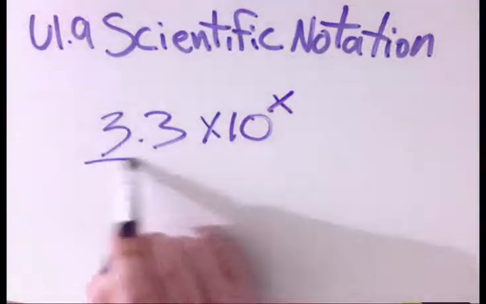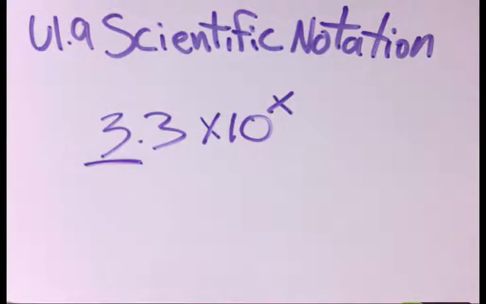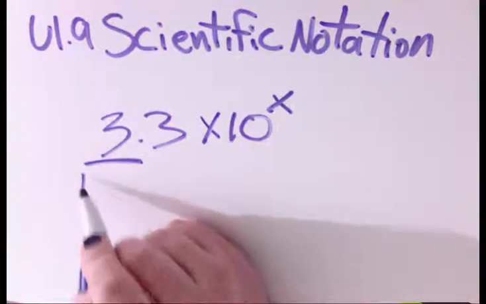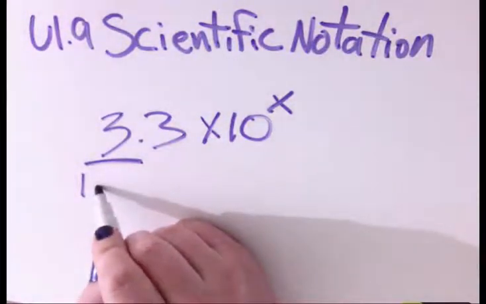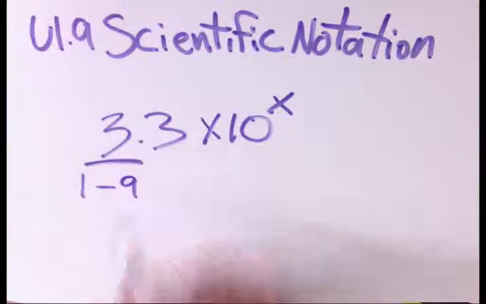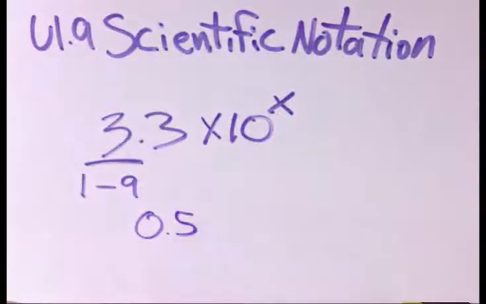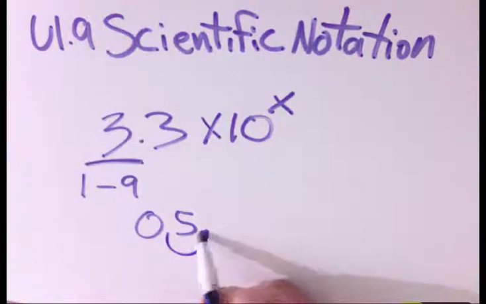There can only ever be one number out in front of the left-hand side of the decimal point, and that can only be equal to or greater than 1, and they can only go up through 9. So if you have 0.05, you have to move that decimal point over to the right.